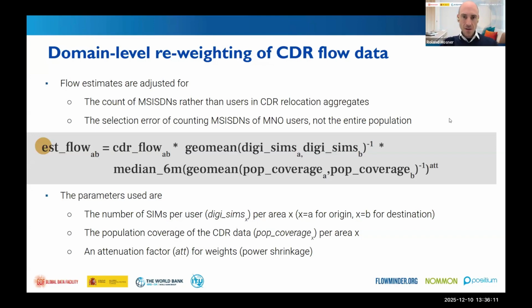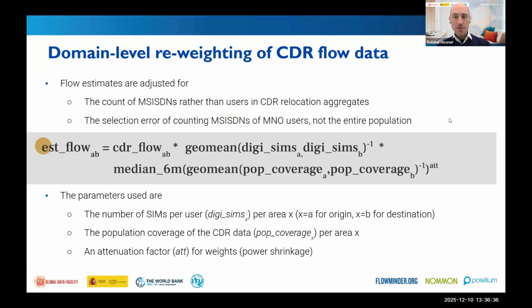So this is another correction that I'll come to in a minute. This is the original data that we can calculate from CDR data. And then we introduce basically two adjustments. We adjust for total population coverage and we adjust for the number of SIMs per user.